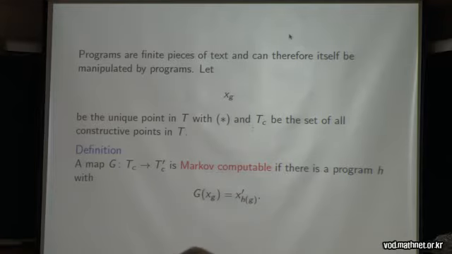So you don't need to know any approximation of X. All you need to know is a finite program that generates an approximation, but you will not manipulate the generation, you manipulate the program, and this gives you Markov computability.